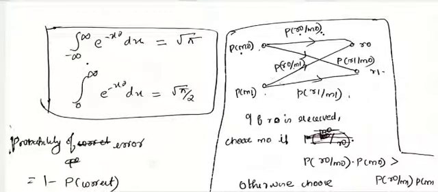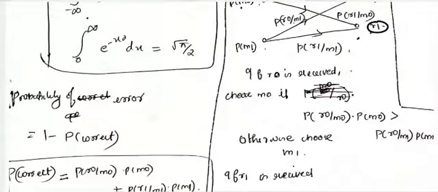And if because of noise the message is tampered, then we will receive r0 instead of r1. If m1 is sent, we actually should get r1, but instead of that we will get r0, and the probability of that is P of r0 given m1. And if we are receiving r1 instead of r0 when m0 is sent, then it is known as P of r1 given m0. Okay, and if r0 is received, it can be that m1 was sent or m0 was sent.